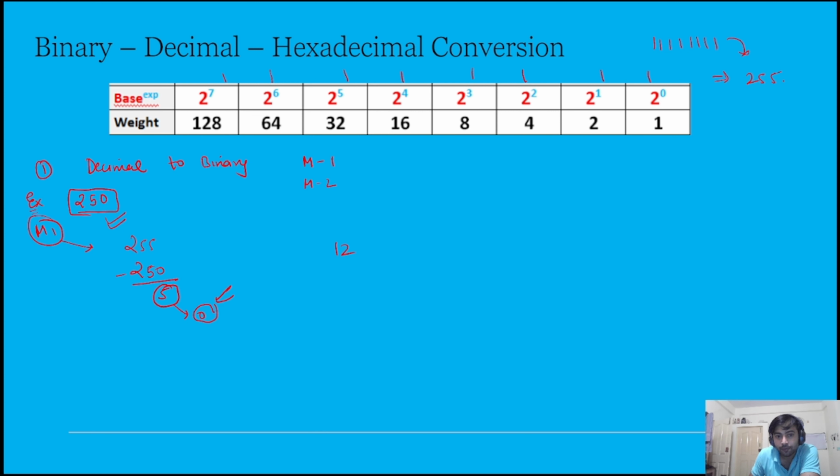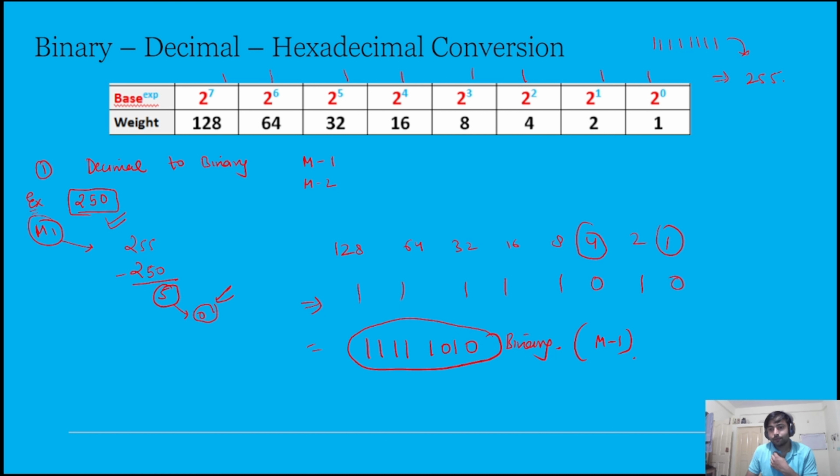We know our table is 128, 64, 32, 16, 8, 4, 2, 1. How can I make it 5? This and this I can mark as 0, and hence 11111010 will be our binary number. This is by method 1.